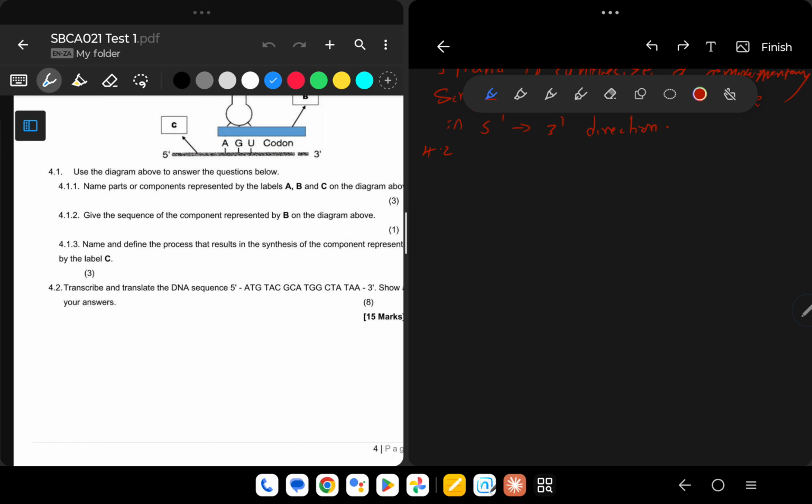Let's first start with transcription. We know transcription is the conversion from DNA to mRNA, right? So you have DNA, and remember your strand must have the direction. Whatever you write there, the sequence must have a direction. The sequence is saying 5' to 3'.